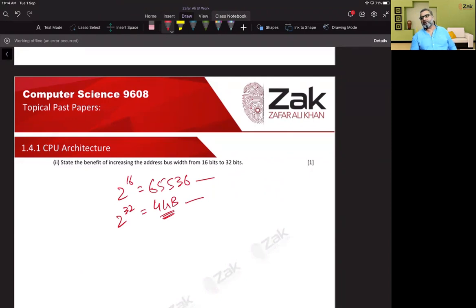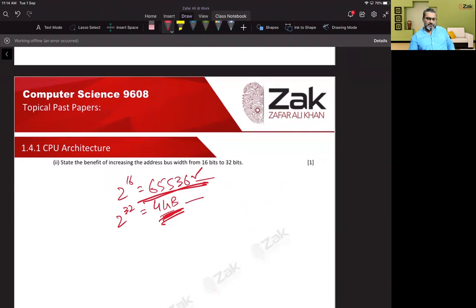So significant increase in the number of directly addressed memory locations. All right. So if we have got 65K, we cannot access more than 65,536 addresses directly. But if it is 32 bits, we can access as many as 4 GB directly. So it means the same.